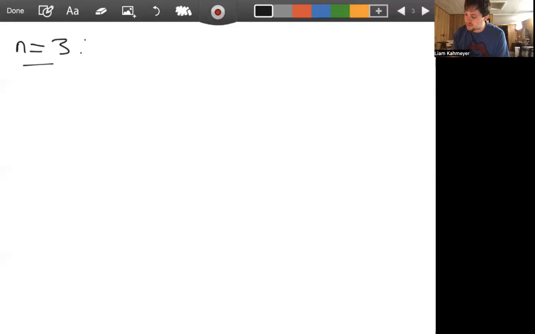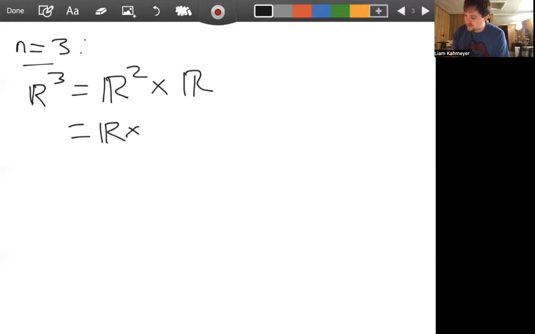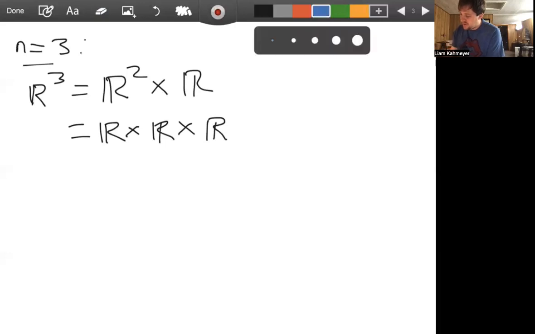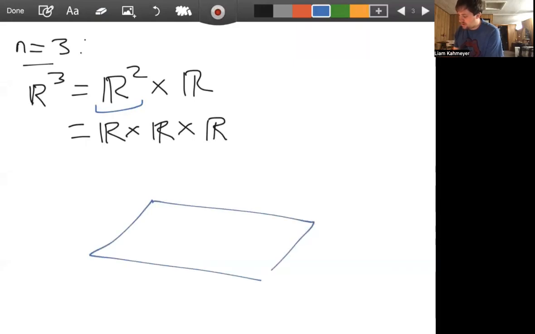Let's do one more just to fully exhaust the dimensions we can picture. When n is 3, we have R3, which is R2 cross R, which is R cross R cross R. If you can imagine here, playing into this Cartesian product to try to understand what it is doing, we have R2, which is a copy of the xy plane here.